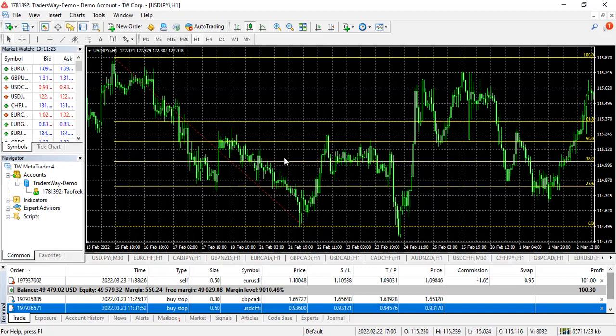Can you see? It gives us the support level and resistance level. So okay, let me share my screen to explain this further. Let me show you the whiteboard. Like the market is like this.